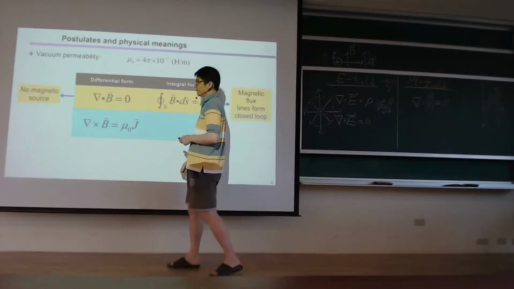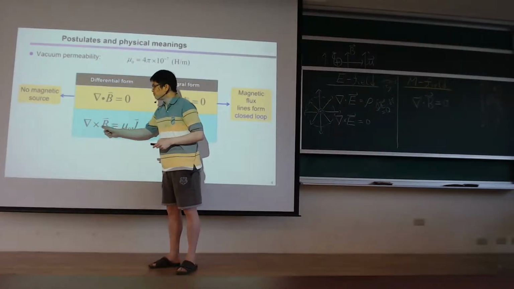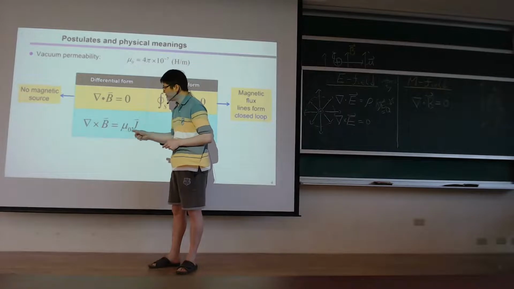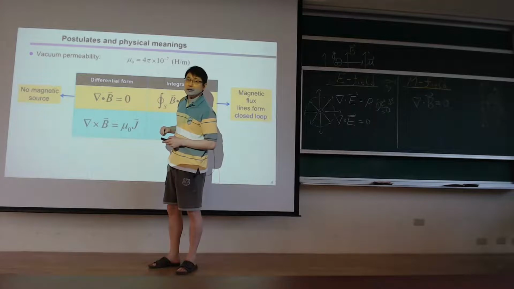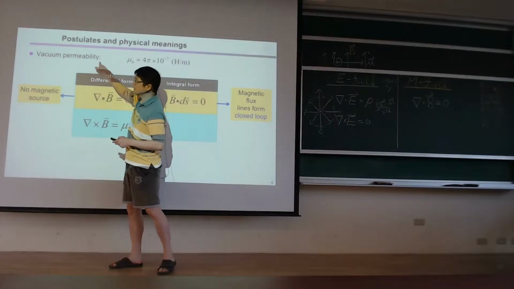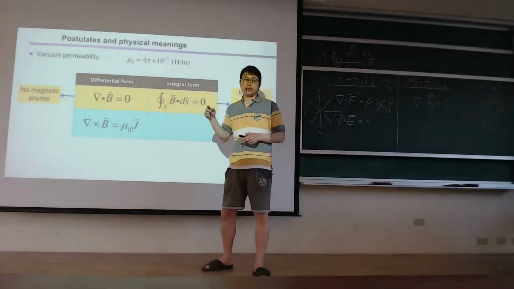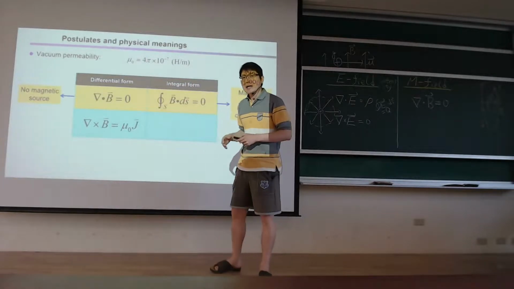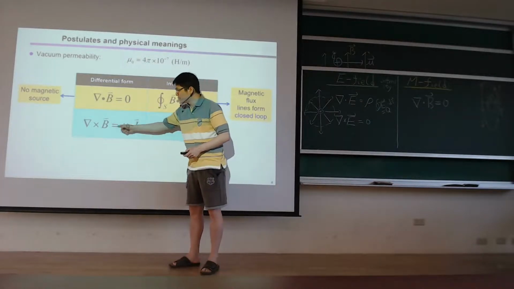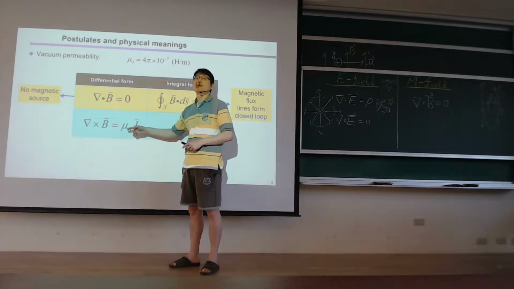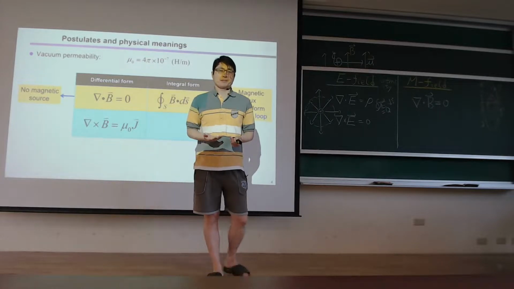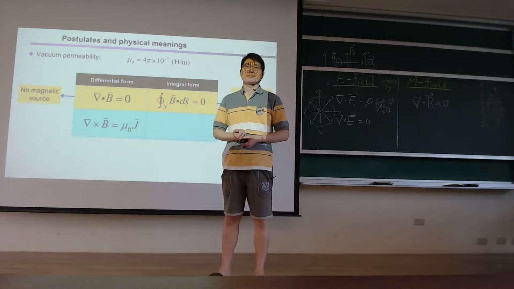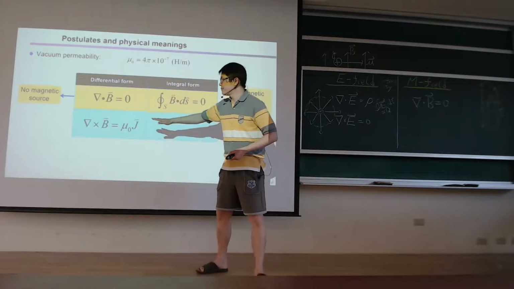Second postulate: curl of B is equal to the vacuum permeability times J. This is permeability, as compared to epsilon 0, which is permittivity. In magnetism, we have a constant called permeability, and J is something we just learned, the current density. Okay, simple enough.